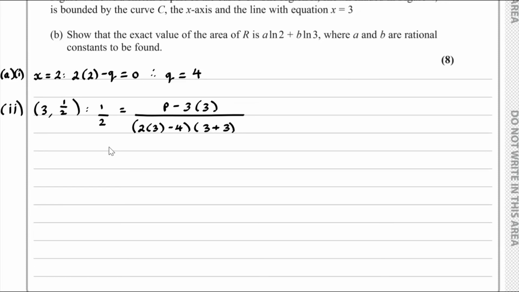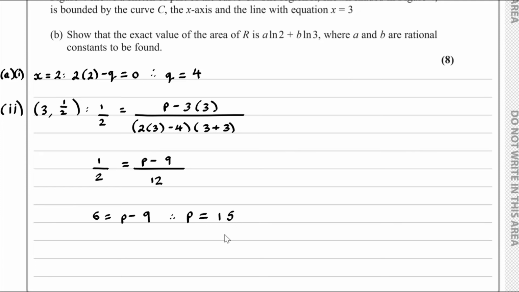We're finding out what p is, so we have 1/2 equals p minus 9 divided by, well, here on the bottom we have 12. So if I multiply through by 12, we have 6 equals p minus 9, and therefore p, that's equal to 15.